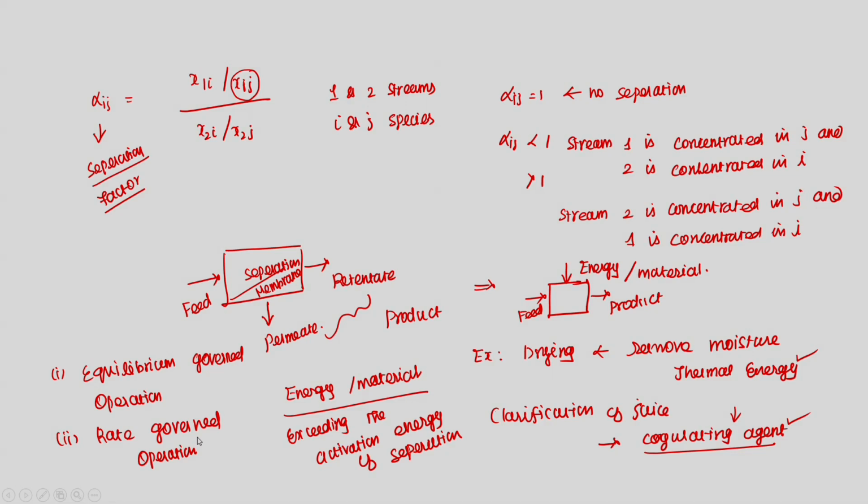Right. In the equilibrium governed operation, the product phase as well as the feed phase are in equilibrium. In the rate governed operation, the rate of physical transport of species is responsible for the separation process. In the equilibrium governed operation, both feed and product phases are very important, right. Distillation is an example of equilibrium governed.